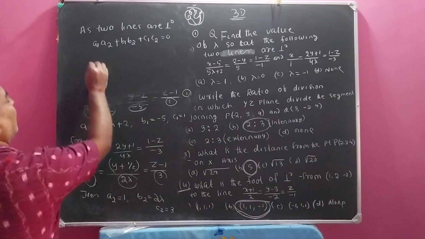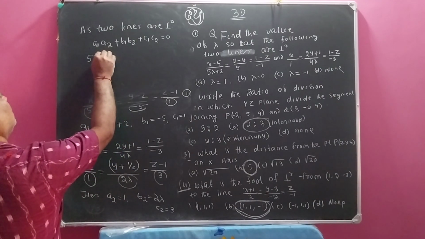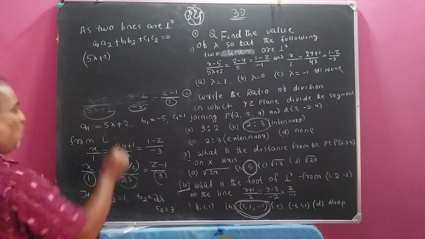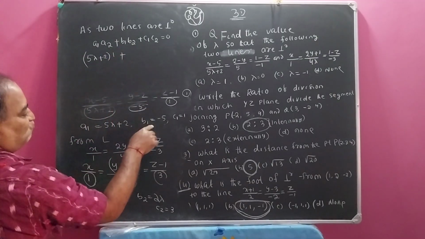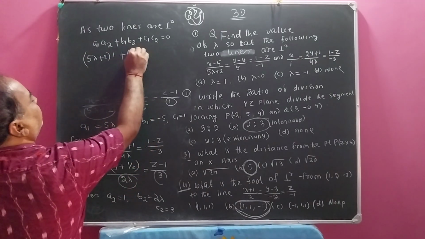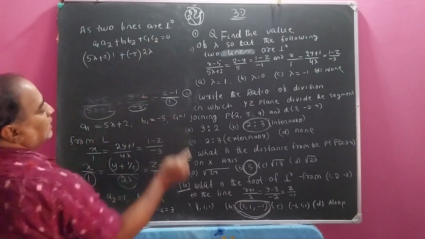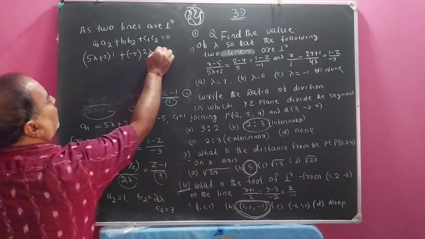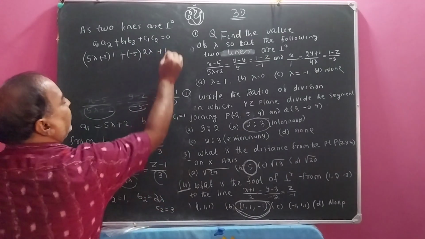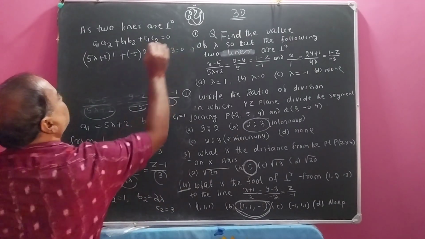So here (5 lambda plus 2) into 1 plus (minus 5) into 2 lambda plus 1 into 3 is equal to 0.